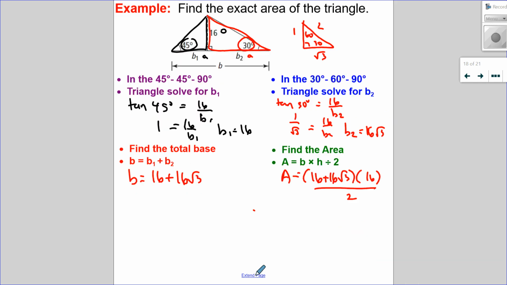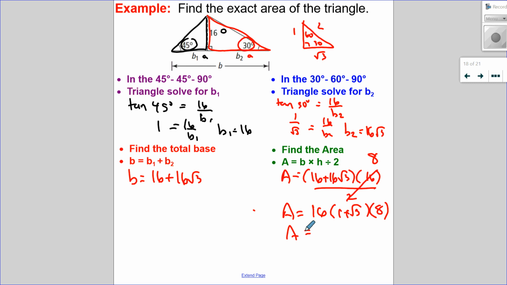So looking at this, I can just simplify this. 16 divided by 2 is 8. So I'm going to have, factoring out a 16 here, 16 times 1 plus root 3 multiplied by 8.